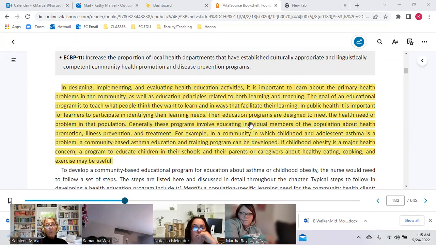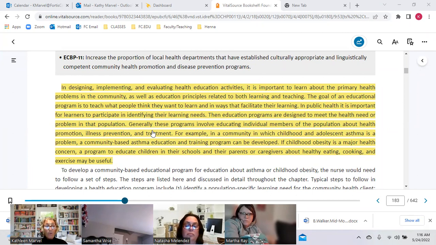So, here's why health education in the community is important, right? When we're designing, and think ADPI here, when we're designing, implementing, and evaluating health education activities, we need to understand what the primary health problems are in the community. We need to know what education principles we're going to use that relate to both teaching and learning.